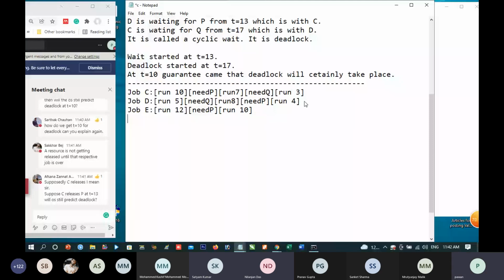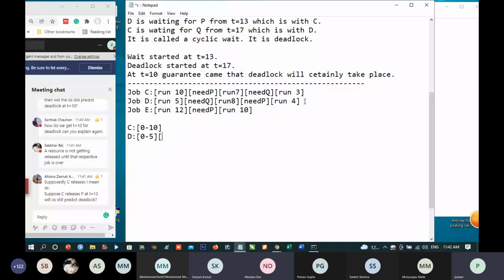Now, using Banker's algorithm, which is to be taught to you in future, let us see what an operating system will do. Job C will be executing from 0 to 10. Job D will be executing from 0 to 5.